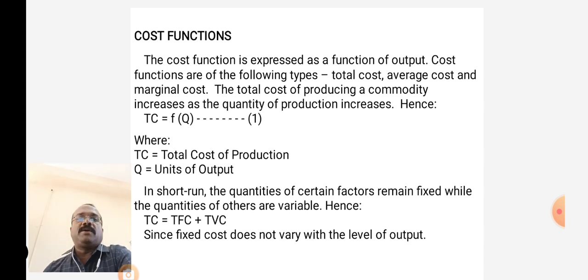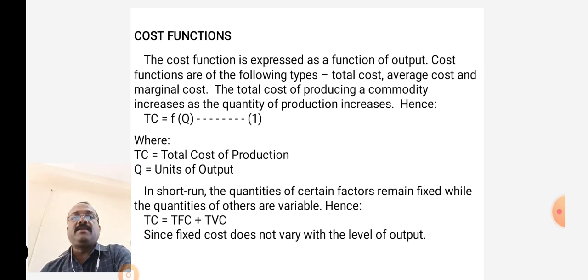The total cost of producing a commodity increases as the quantity of production increases. Hence, TC, that is total cost, equals a function of Q. This is one way to express total cost.